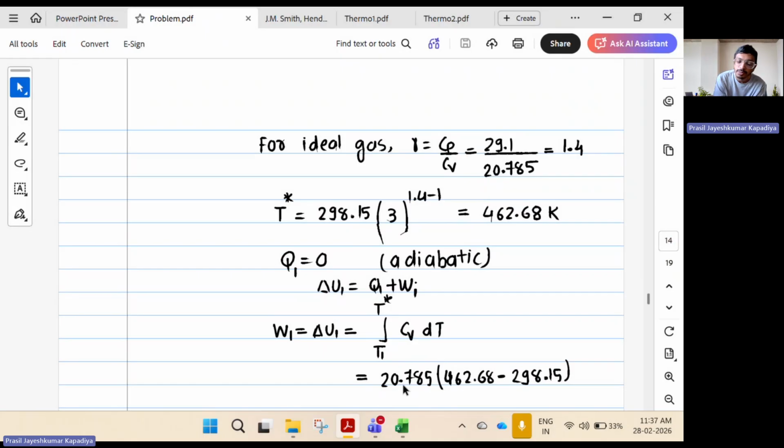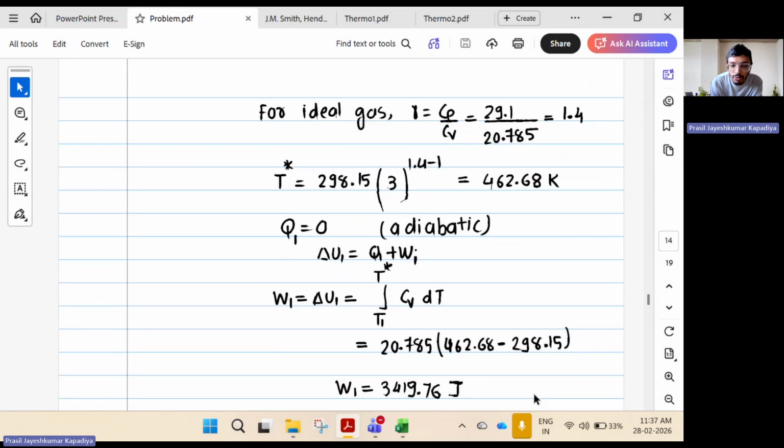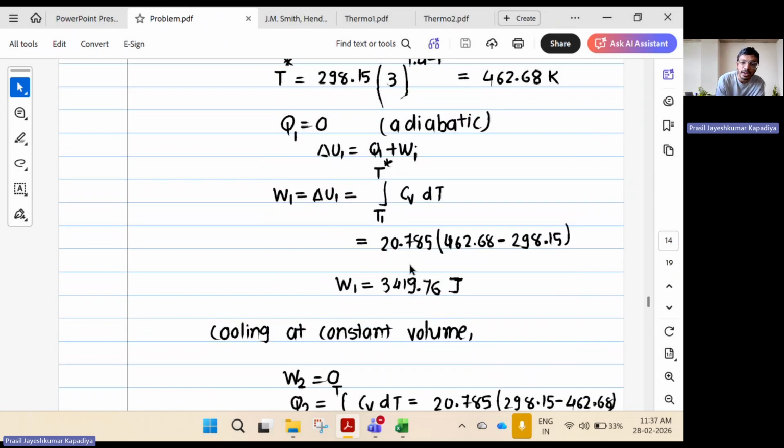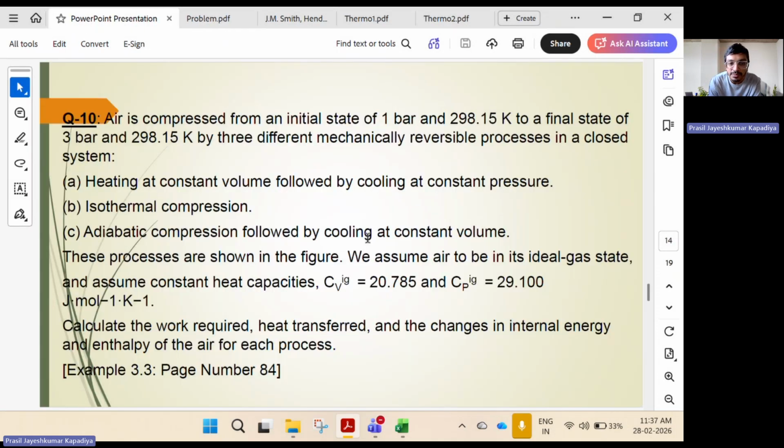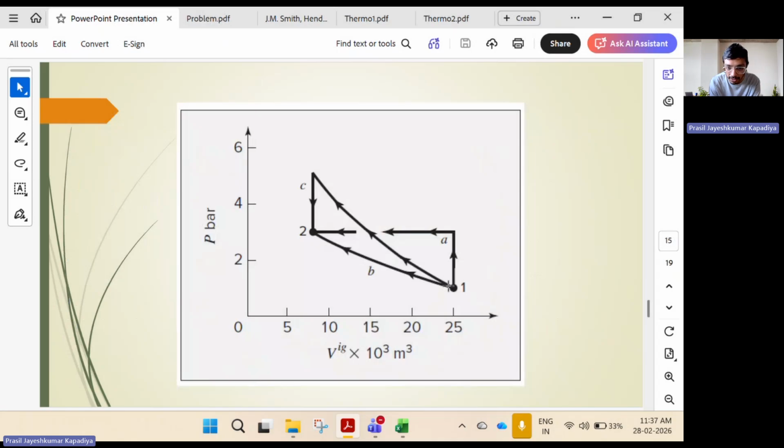So Cv is 20.785 and dT is from T1 to T star, that is 462.68 Kelvin minus 298.15 Kelvin. So W1 is coming out to be 3419.76 Joule for this particular path, adiabatic compression. W is this and Q is equal to 0.